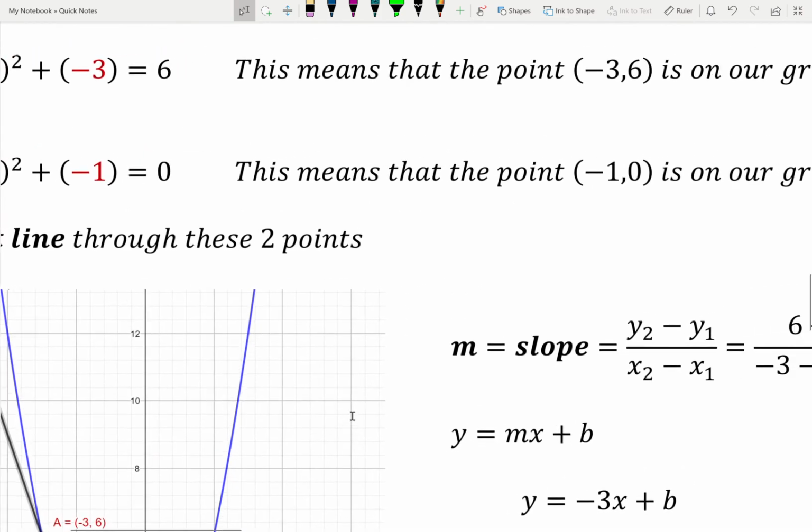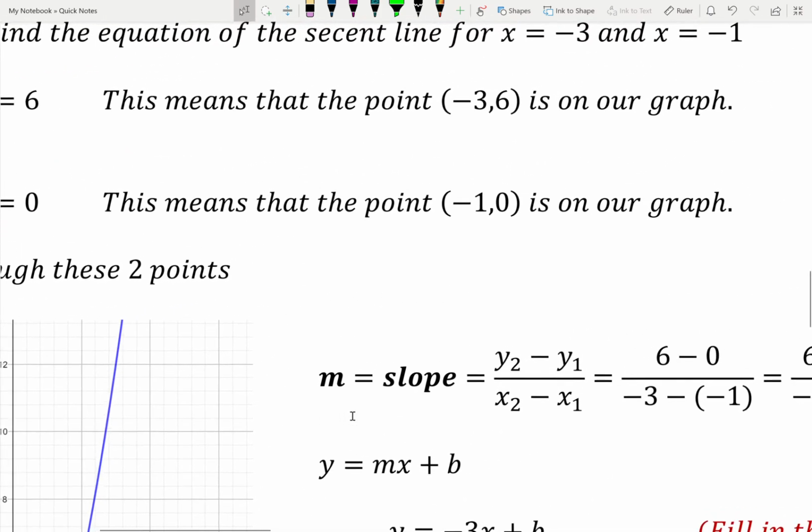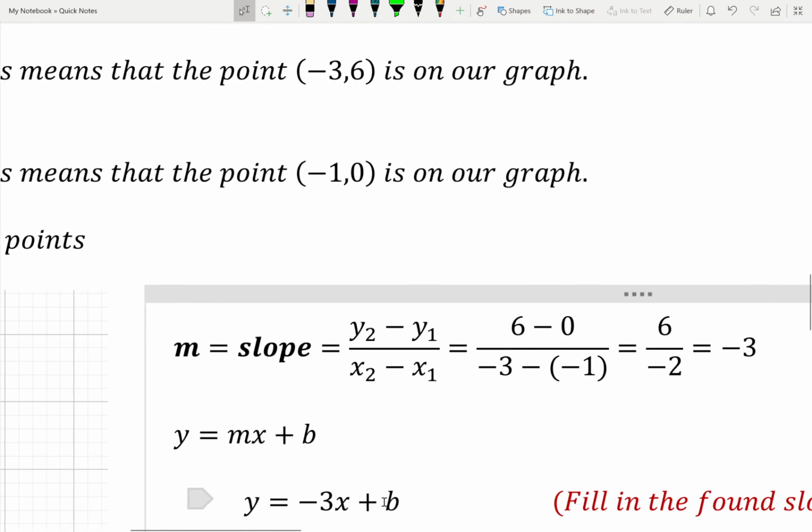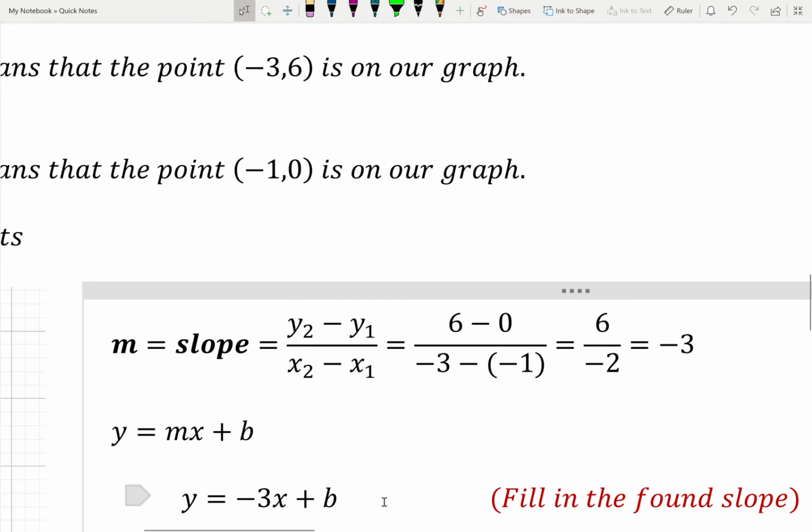Of course a line has the form y equals mx plus b, and now we know that the slope is minus 3, so we can fill that in. The only other piece of information we need is the y-intercept b. I'm going to pick either one of these 2 points that are on the line, and plug them in for x and y.